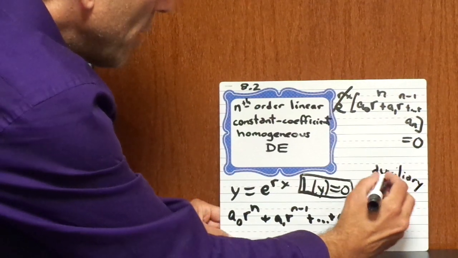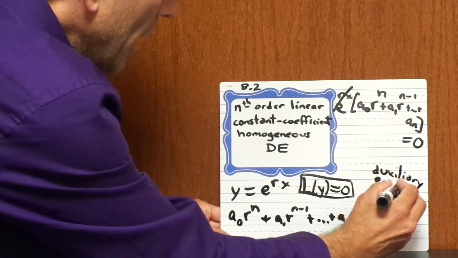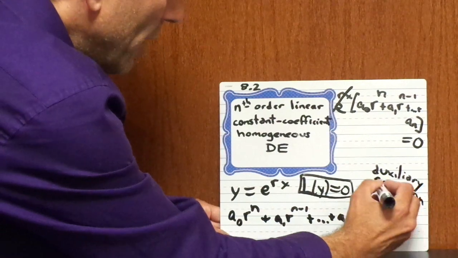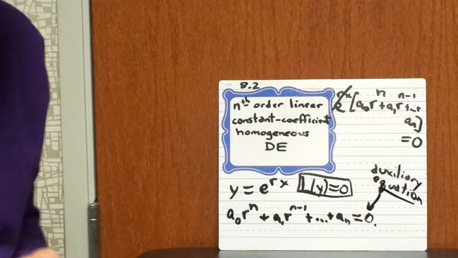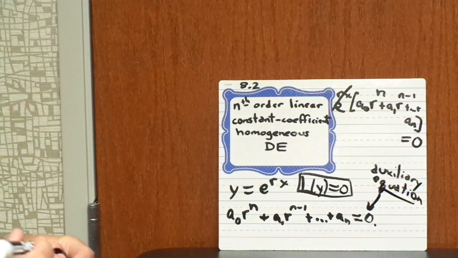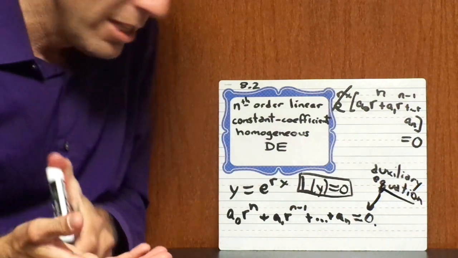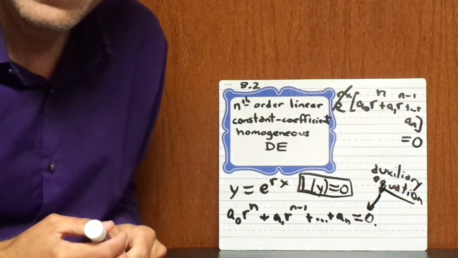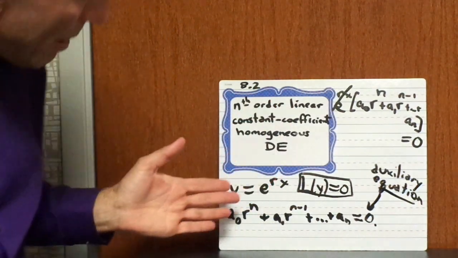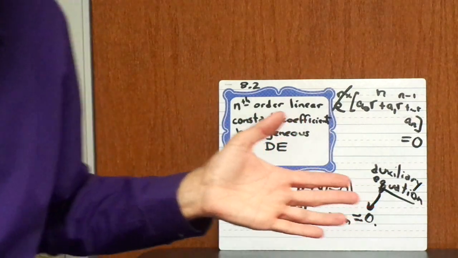So it's the auxiliary equation, and quite honestly, the thing that's the hardest about this is just finding the roots sometimes. If n is only 2, then it's just a quadratic equation, and of course we can solve that. But if n is bigger than 2, we might have trouble solving for the roots here.